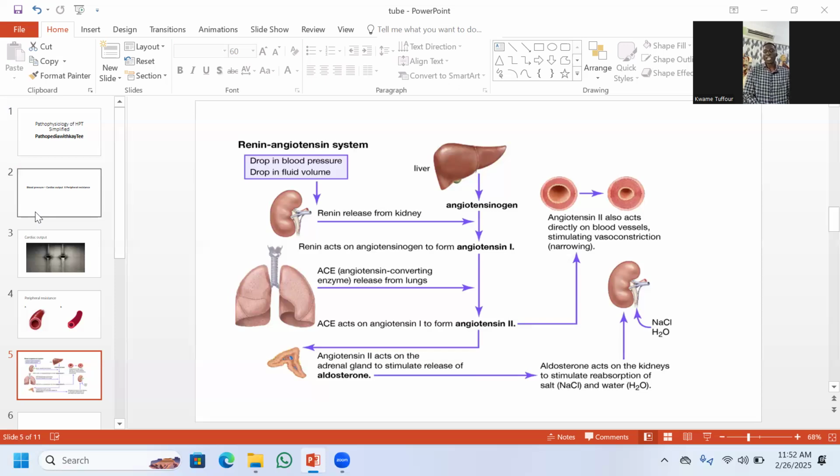But in hypertension, the blood pressure is already high. So should we allow this system to be activated to further increase the blood pressure? You know the answer is no. Yes, it can happen.